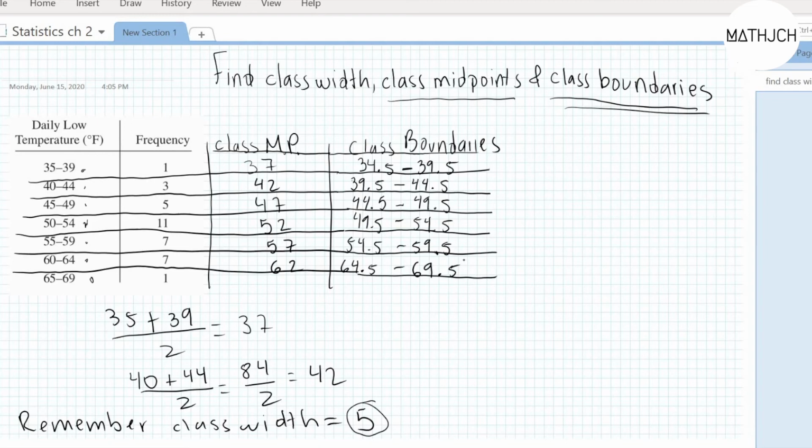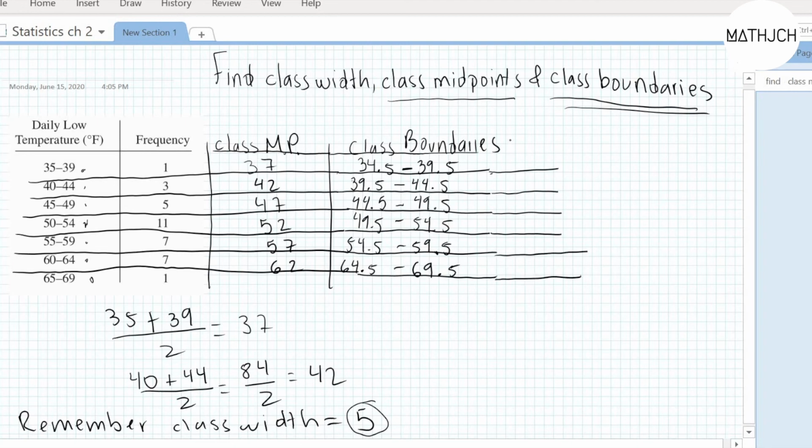Now some professors or some textbooks ask you to write down the class boundaries, which means you don't have to rewrite the repeating ones.